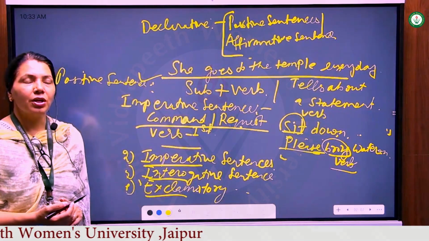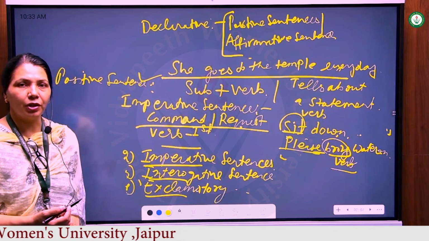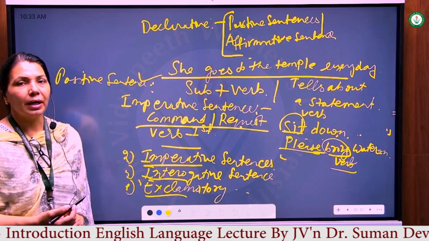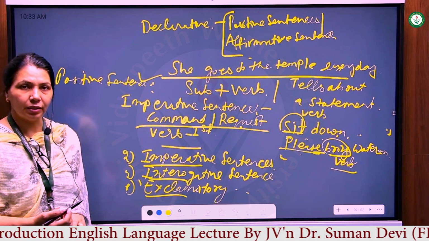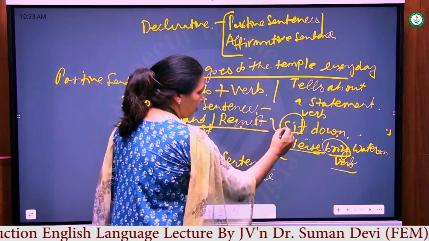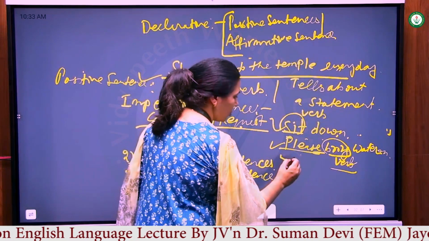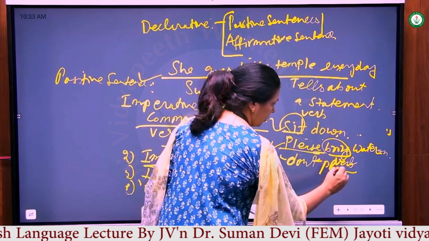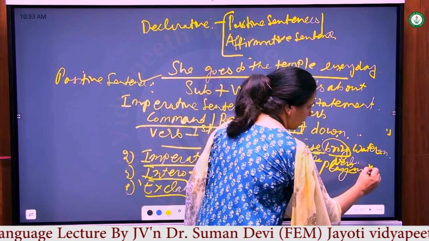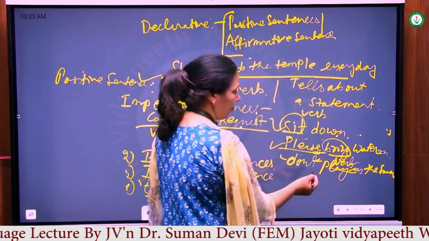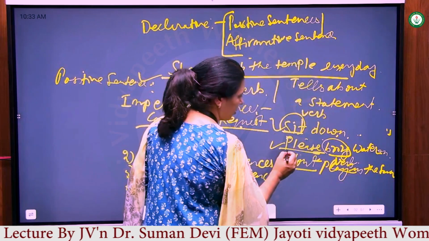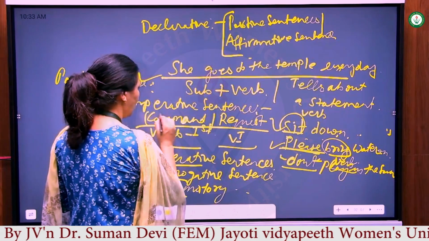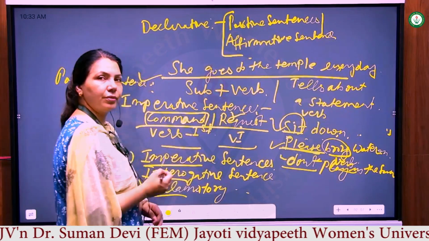So the sentences which carry a command or request, which start with a verb first, are called imperative sentences. Clear? So sit down, please bring some water, don't play outside, don't play in the sun. So everywhere the sentence starts with a verb first, and it is in the form of command or request.